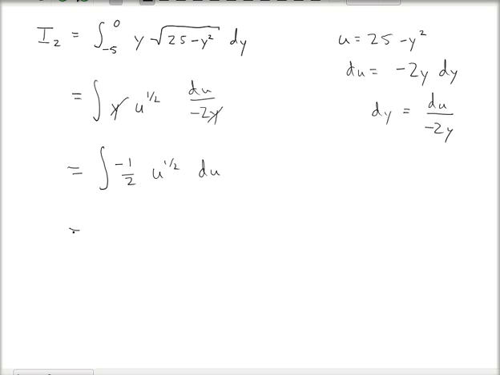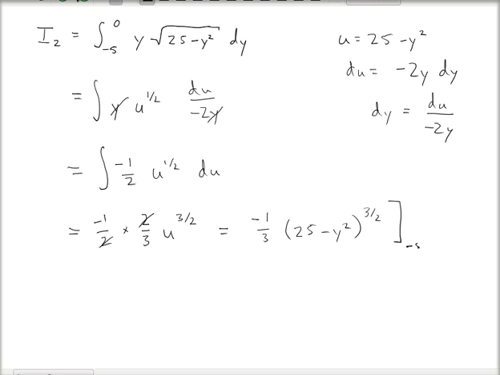So this is easy to evaluate. We're just going to use the power rule. So I've got -1/2. I add 1 to the power, that's going to be 3/2, and I need to multiply by the reciprocal, which is 2/3. And now I need to substitute back in for my u, so these two cancel here, so I've got -1/3, and then u is 25 minus y squared to the 3/2.